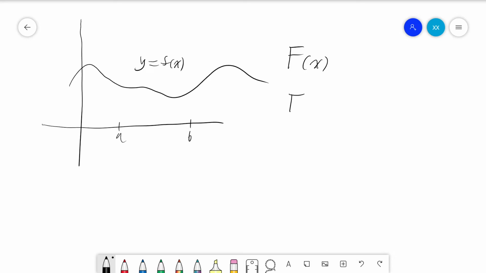So if I say big F of 3, what I am asking is, give me the area from 0 to 3 under the curve y equals f of x. And remember, we don't have any definition for how exactly we calculate big F of 3. We just know that it will equal the area from 0 to 3 under our function.